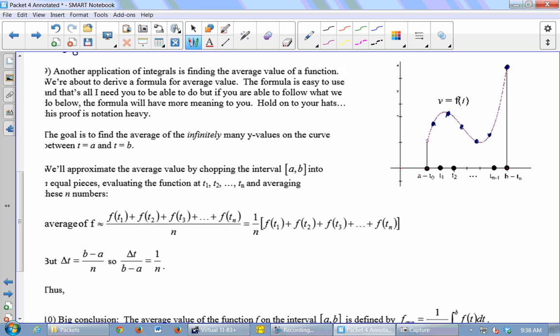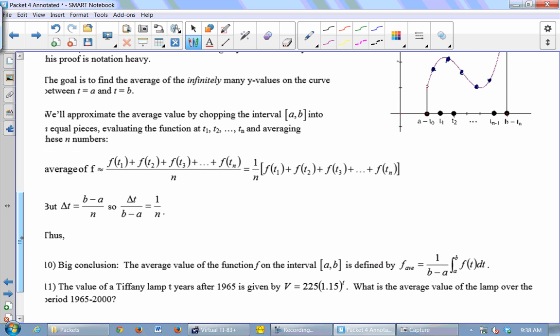So I just pick a few y values along the curve and add them up. These are just my y values at each of the interval endpoints. Add up all those y values and divide by n, or add them all up and multiply by 1 over n. Same thing.